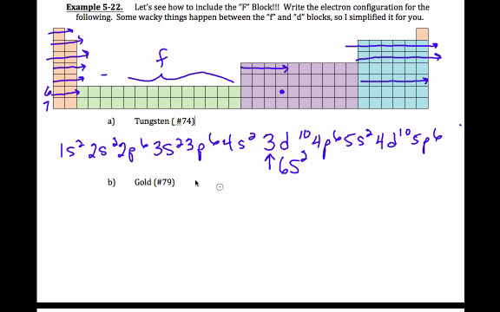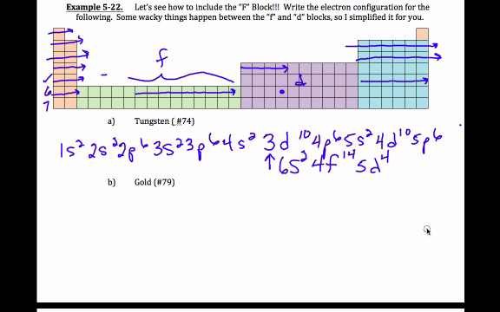Now here's where we're just going to cheat a little bit and go right into the 4f block. Since we're going all the way through the F block, through 4f14, it works just fine. And then we end up at the 5d, right? We're in the D block, and if it's the 6th period in the D block, it's 5d4.